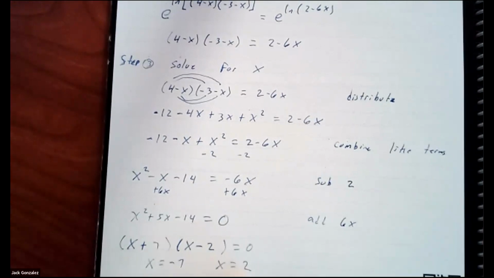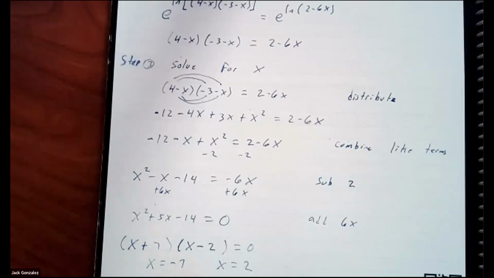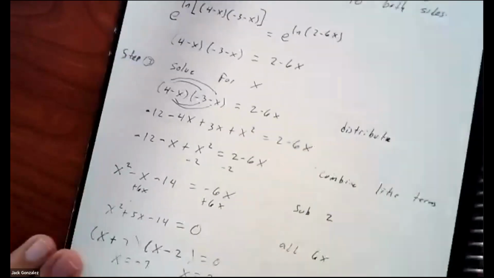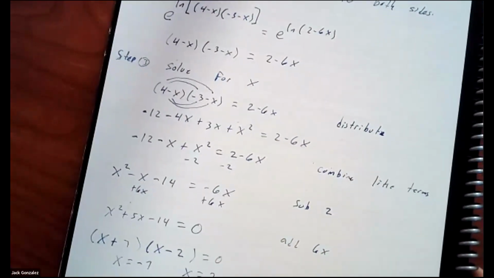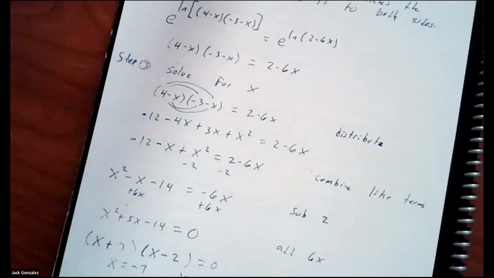If you do, then it's not an answer. Then plug in -7 and see what happens. If you get an undefined value, like an error, just stop and say that's not an answer, and don't include it in the solution set. In the homework you'll have 1, 2, or no answers.